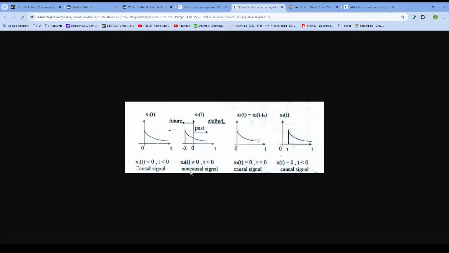Those systems are non-causal. Basically, you have access to both future and past. Like if you have a recorded audio tape and you're in the middle of that audio tape, you have access to the past and future. You can go back or go forward because the audio tape is already recorded. But in real-time systems, all of them are causal systems.